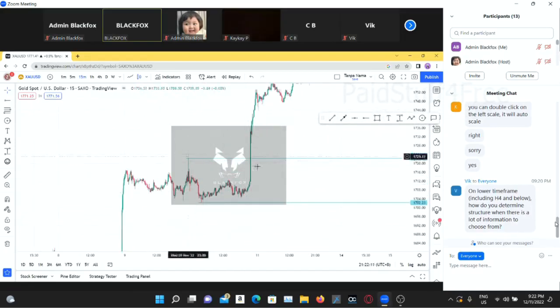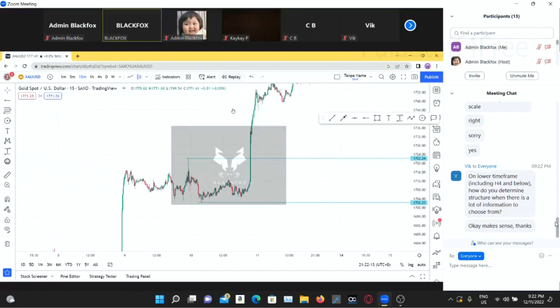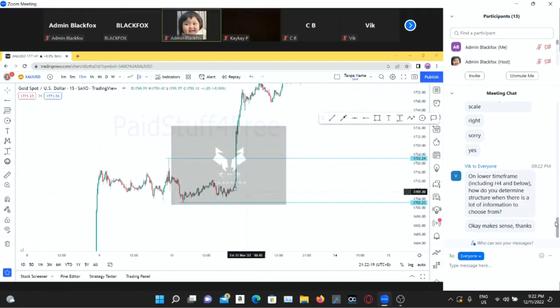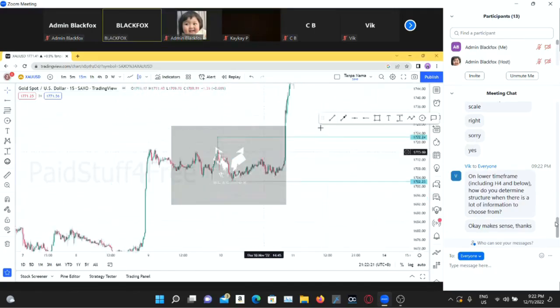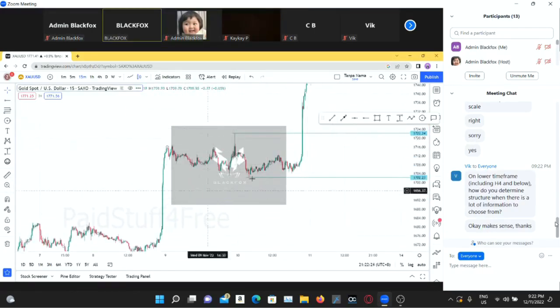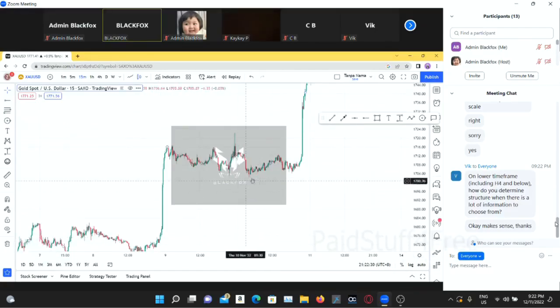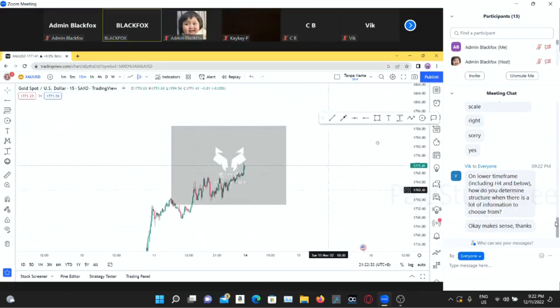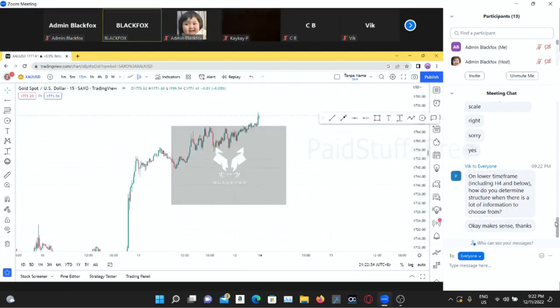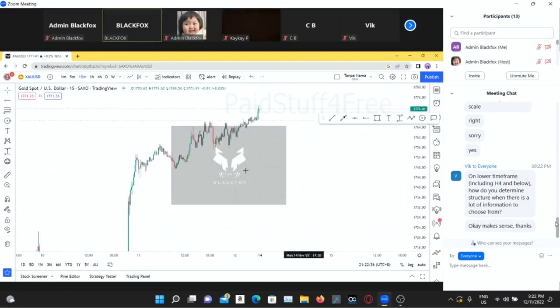Is it clear? Yeah. So just take clear structure. Take the big movement. The highest position of price and the lowest position of price. So that is for market structure.